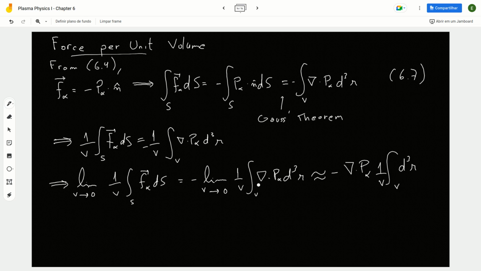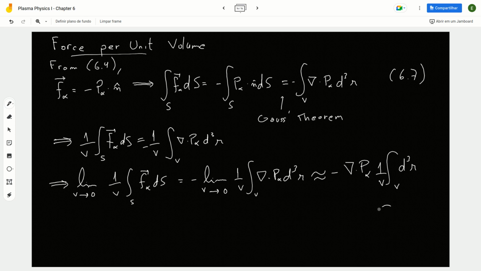Why could I take the divergence of P out of this integral? Is it fair to think that P is not a function of position? Well, since the volume is very small, if the divergence of P is a continuous function in V, then its value will not change very much in V, because V is very small. So we can suppose it is constant, with the divergence being the value of the divergence in the middle of the volume.